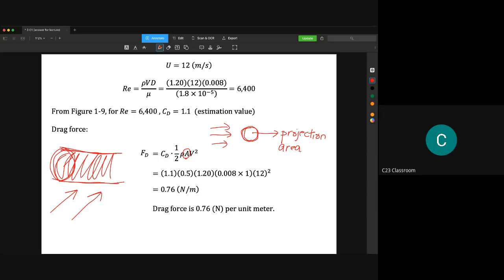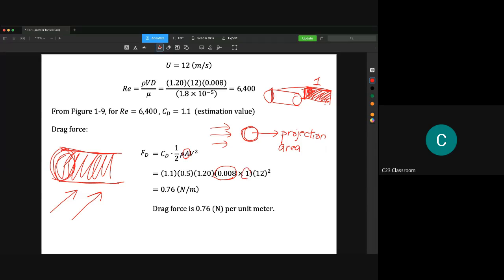The shadow of this wire can be reflected as if you have a cylinder here, so the shadow will be in rectangular shape. So the area here must be a rectangular area. However, in this calculation, the diameter, which is the height of this shadow, is equal to 0.008, but we take the length of this wire to be 1.